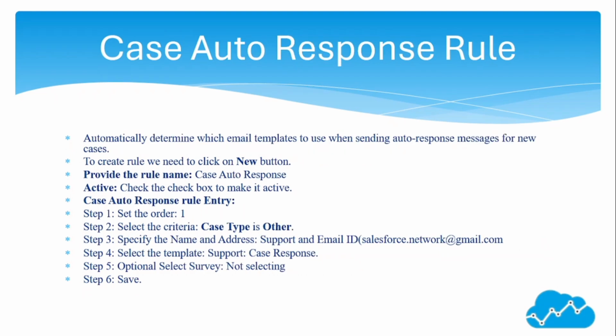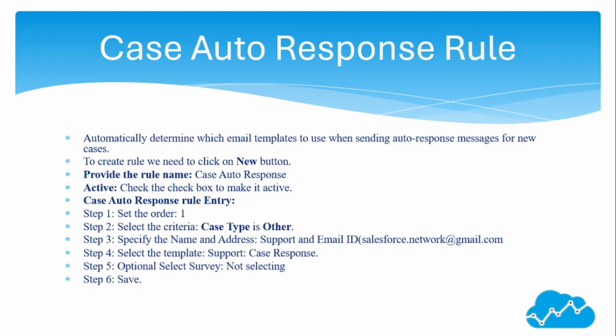Case auto response rule automatically determines which email templates to use when sending auto response messages for new cases. To create a rule, we need to click on the new button and provide the rule name. Here I am taking case auto response. Active, check the checkbox to make it active. Case auto response rule entry.